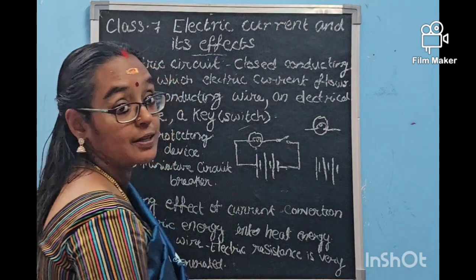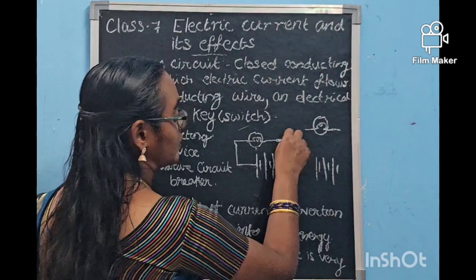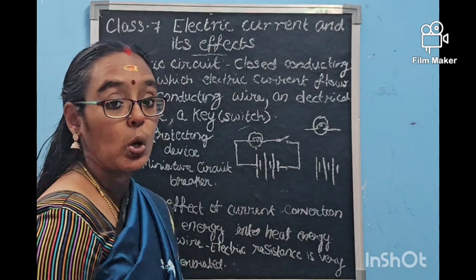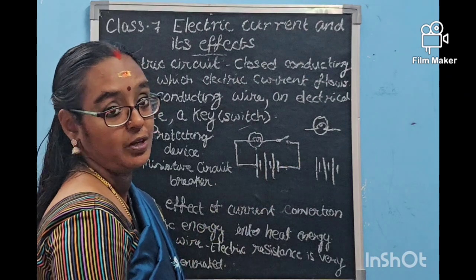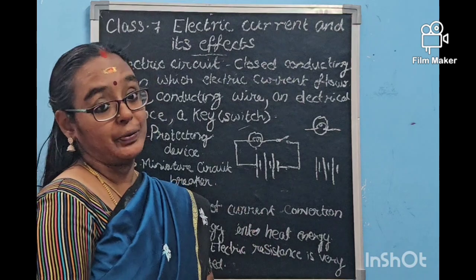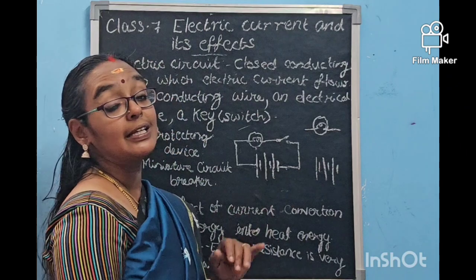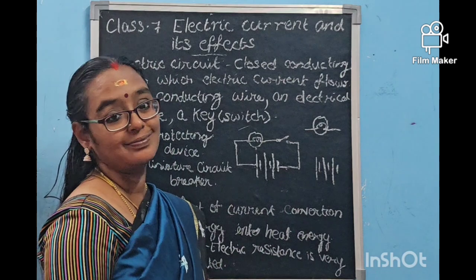It becomes the open circuit, which means the electrons, if they are flowing in this manner, will be stopped over here. So, electricity will not be generated and this bulb will not glow. Okay. This is the electric circuit. It is better to represent the electric circuit in diagrammatic form.